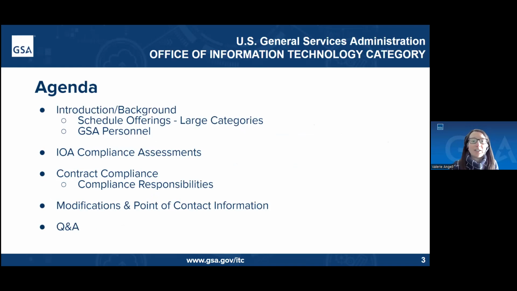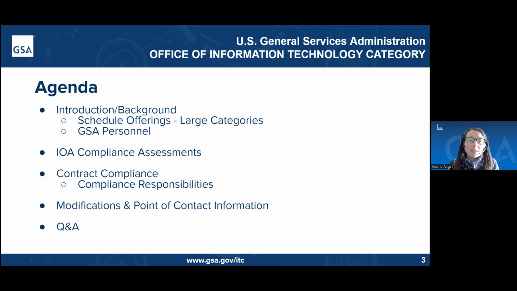Here is our agenda for today's presentation. We'll first go over some background information, like the schedule offerings and all the different categories that are on schedule. We're going to talk about what's offered on the schedule and just have a high-level overview. I'll also give some insight into the GSA personnel that are assigned to your contract and their different roles and duties, so you'll know who to contact if you have any questions.